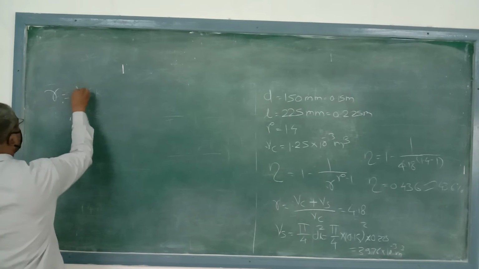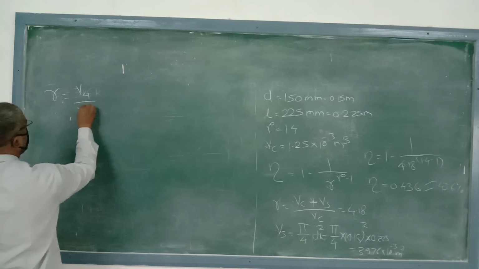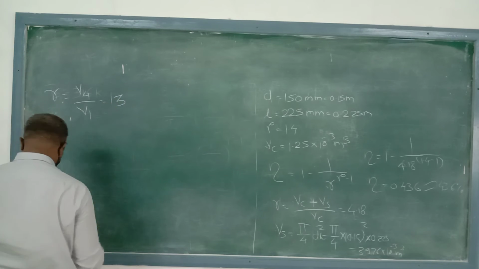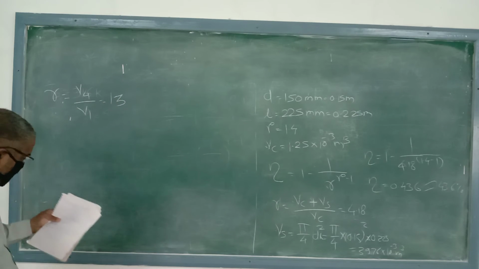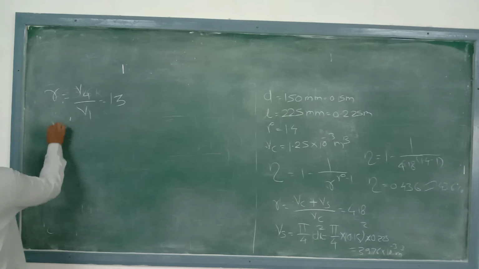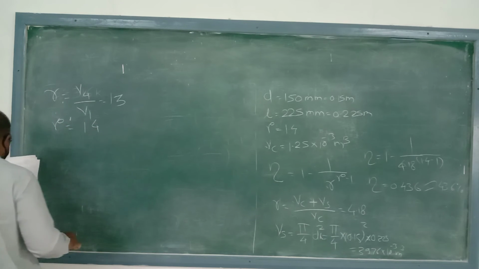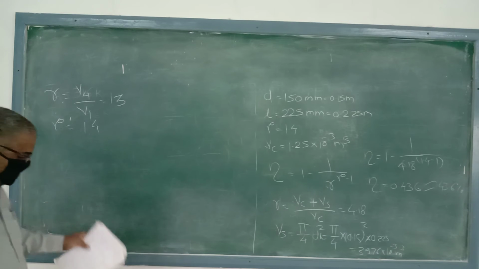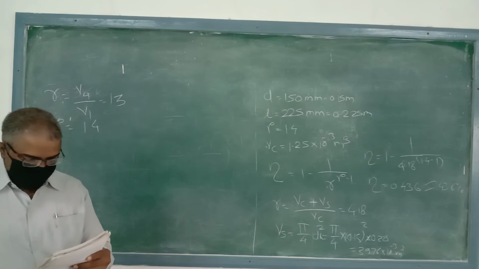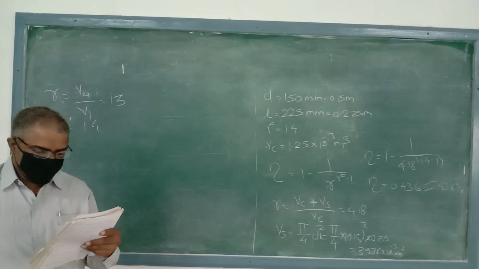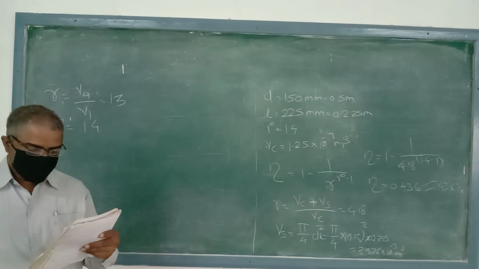for the diesel cycle. Next, gamma value is mentioned. Now this is interesting. They are saying that the fuel is cut off at 8% of the stroke.